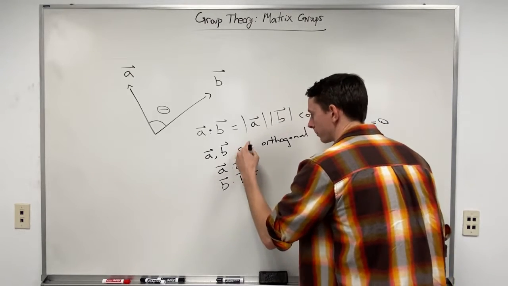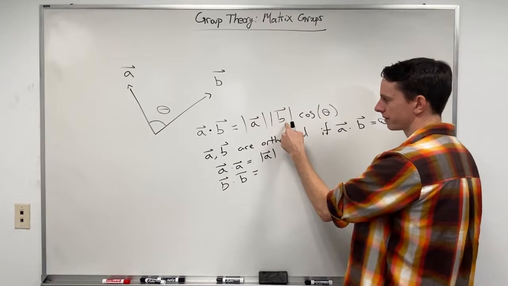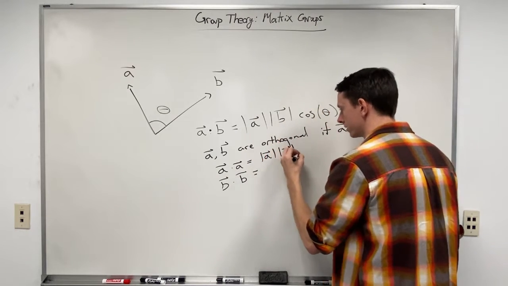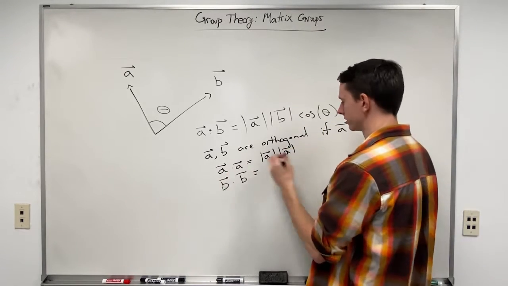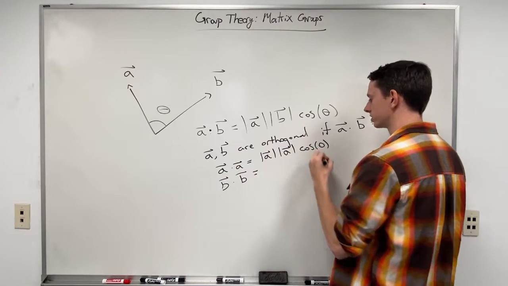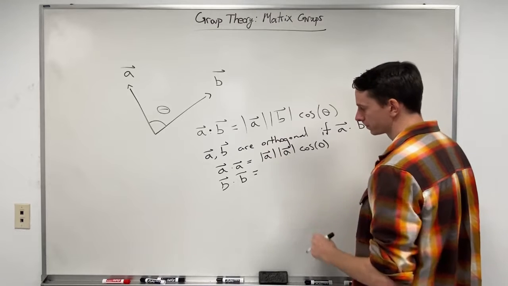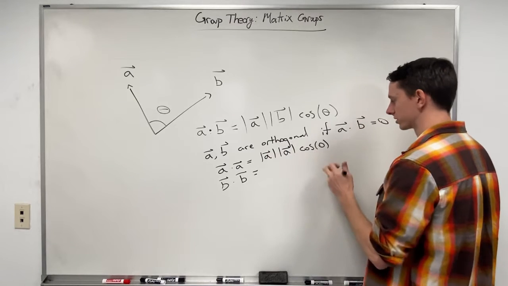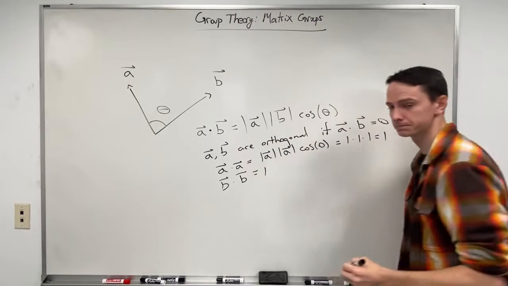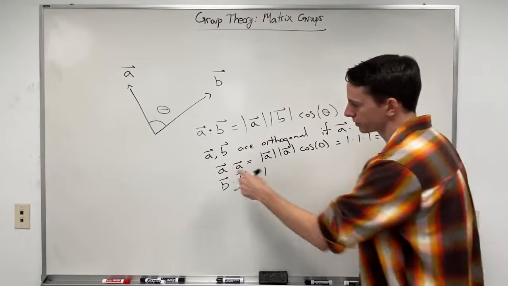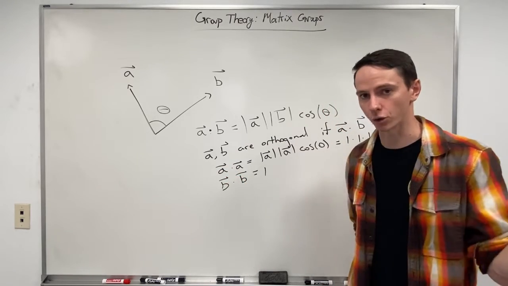A dot A is going to be the magnitude of A times the magnitude of A again, times the cosine of the angle between them. But the angle between any vector and itself is just 0, so the cosine is 1. If A has a magnitude of 1, this is going to be 1, this is going to be 1, and this is going to be 1. So it's 1 times 1 times 1, or just 1. And the same thing for B. So if two vectors are perpendicular and they both have a length or magnitude of 1, we say they are orthonormal.